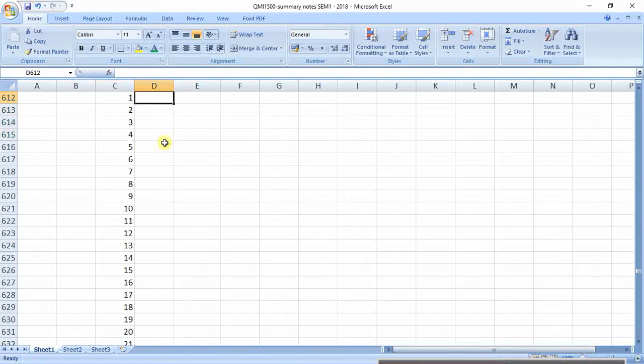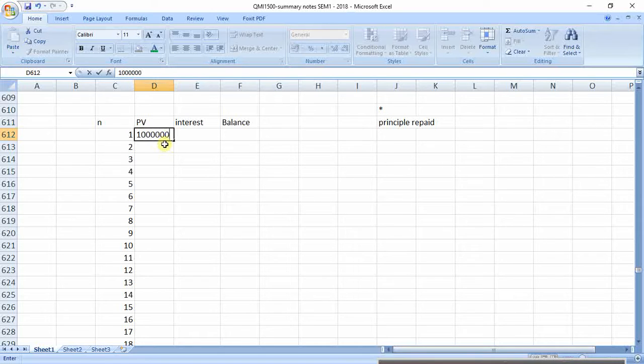Make sense? Okay, what's the PV outstanding? It's a million. How much interest are we charging? 10% per annum, which is 0.833% per month.